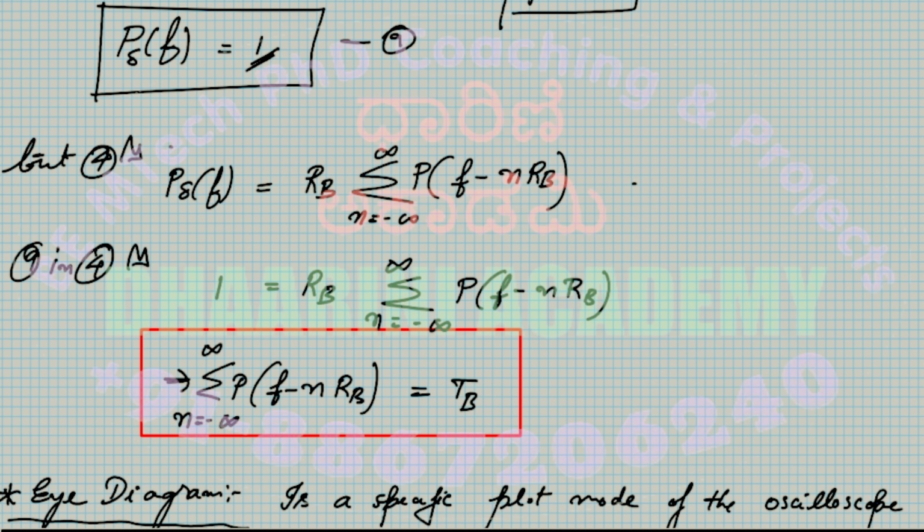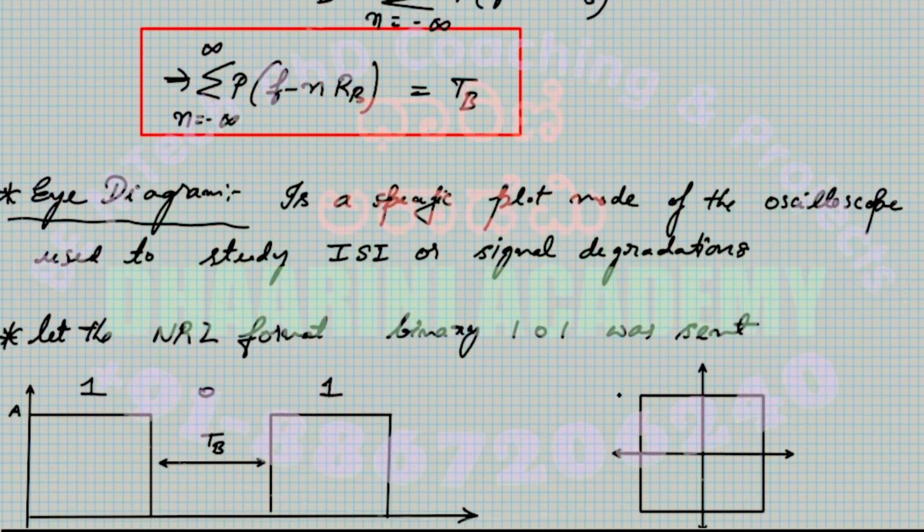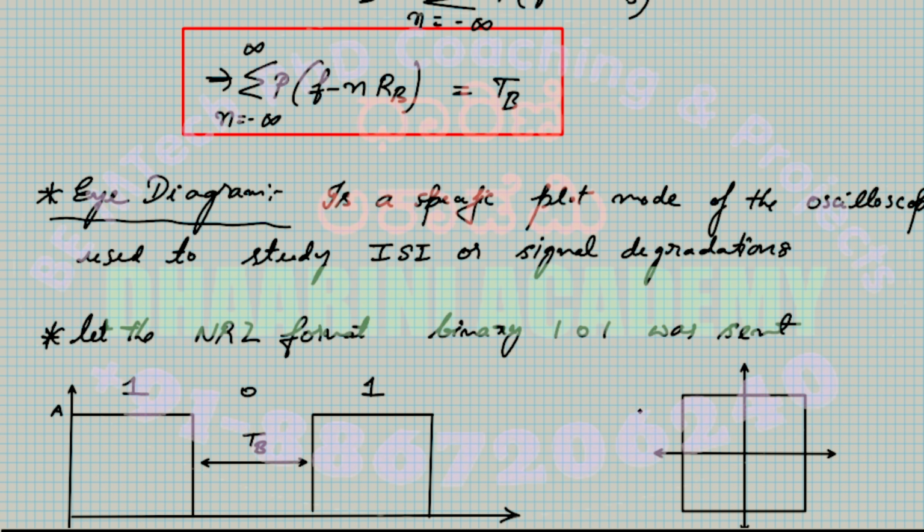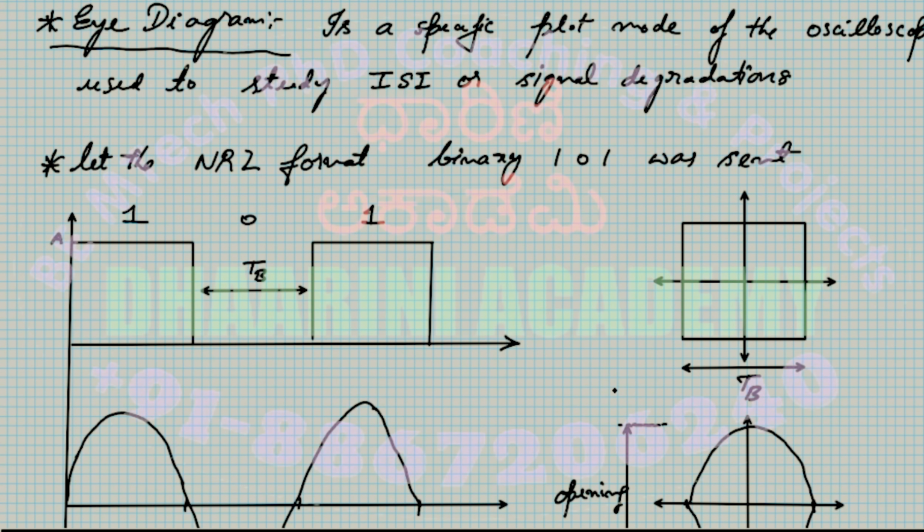So after the ISI and the condition for zero ISI, we move on to the next topic, that is actually about measuring the distortion present in the received signal. Okay, it's called the eye diagram. Right? So it's a plot we can see on the oscilloscope to study, or you can even measure the amount of ISI.